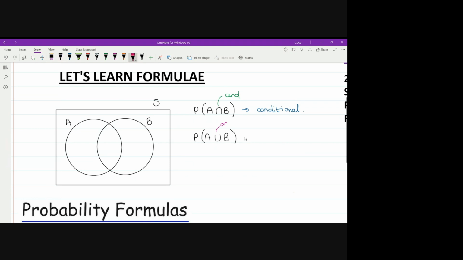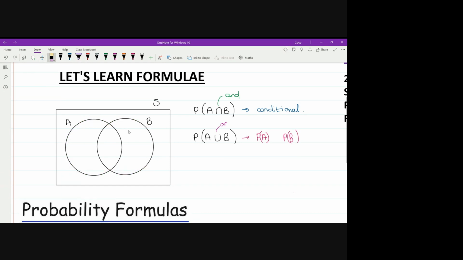It's going to be a little bit conditional, but it's very important that we remember that the probability of A or B includes both the probability of A and the probability of B together. Because when we look at or, remember, we are basically saying the probability of A or the probability of B. It's everything all together. So here's the kicker though.